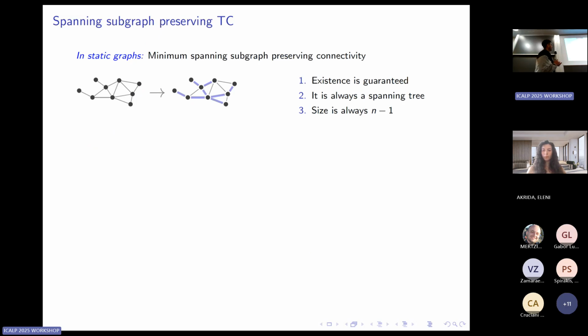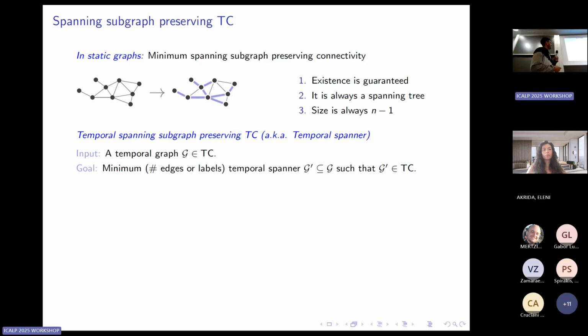So the problem that we will cover is the one of studying a minimal spanning subgraph that preserves temporal connectivity. In the static setting, it's like asking for a minimum spanning subgraph that preserves connectivity. And we all know that the answer to this question is a spanning tree, the existence is guaranteed, and the size is always n-1.